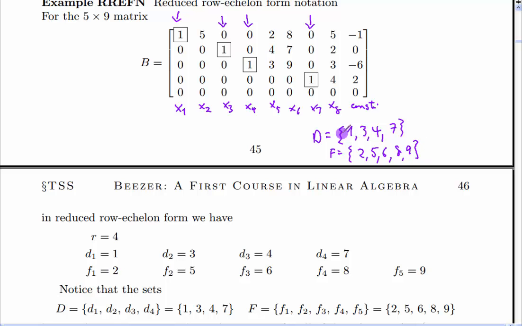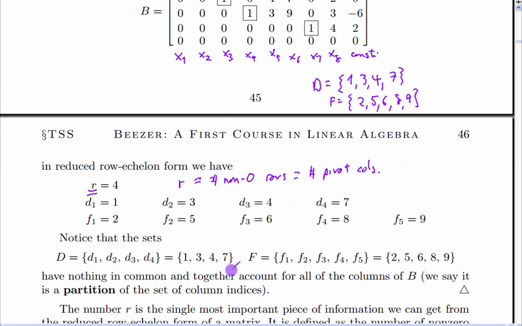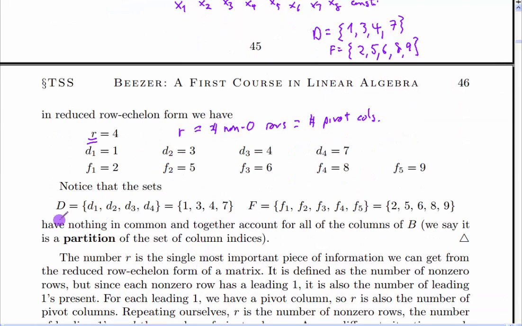Okay? Now, the quantity R is the number of pivot columns, and it's also equal to the number of non-zero rows. You can see that every non-zero row is going to have a first element, and every first element is going to correspond to a pivot column. So R is equal to the number of non-zero rows, and it's equal to the number of pivot columns. Notice that the set D and the set F together make up all the columns.